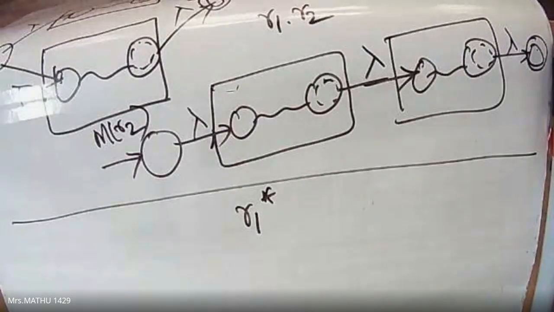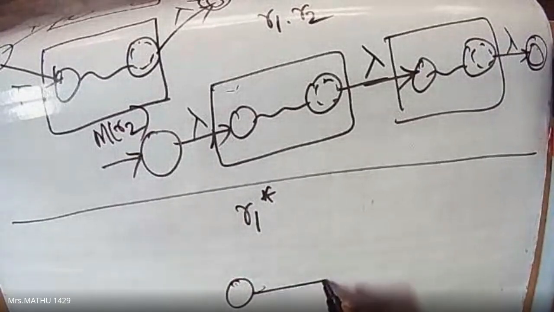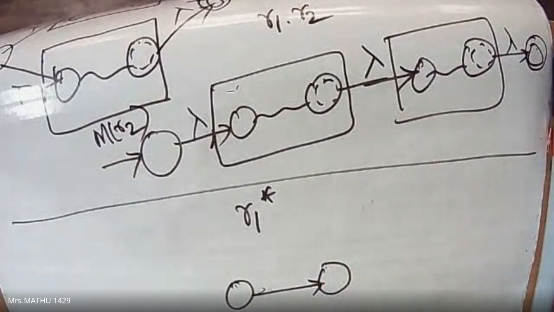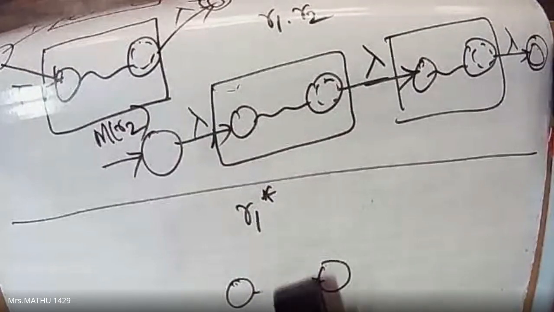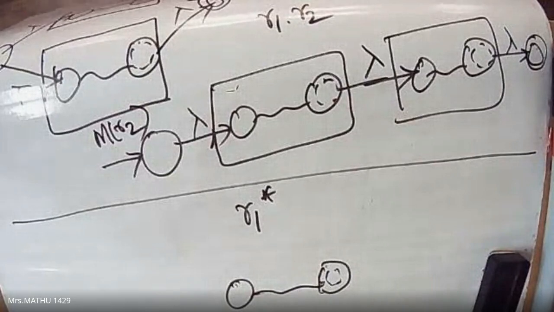What is the meaning of 0 times? It means it does not happen at all. So we first draw the machine for R1. We have an NFA for R1.